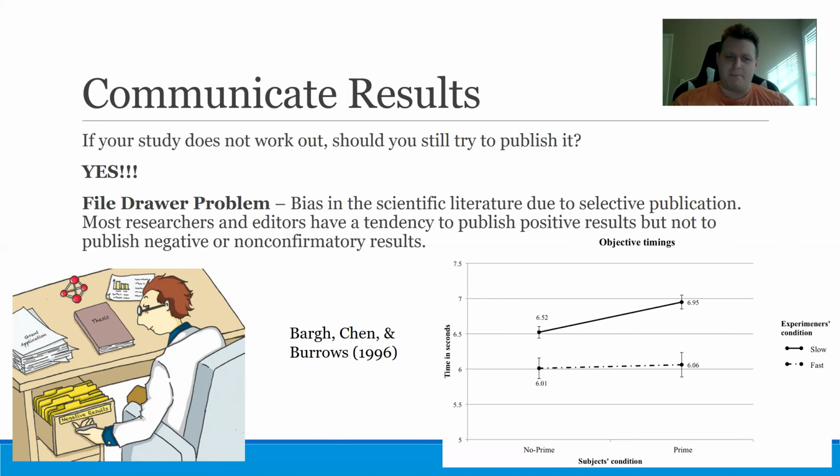This is a study by John Bargh, Chen, and Burrows. Infamous study. What Bargh and colleagues do is they get you to do some attention task, but that isn't the true focus of this study. While you're doing this attention task, they're subliminally presenting you with certain words.